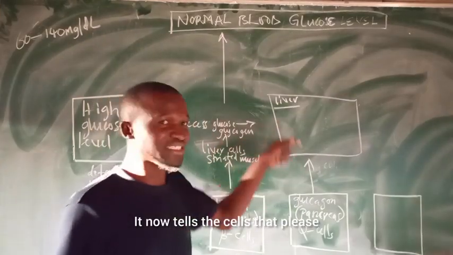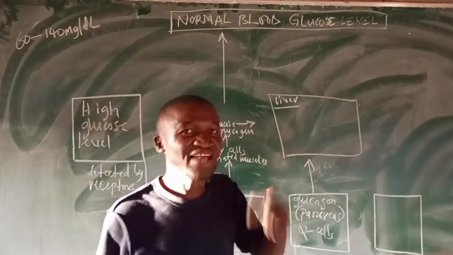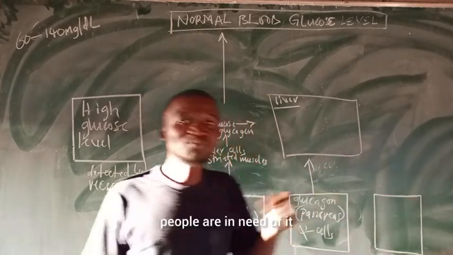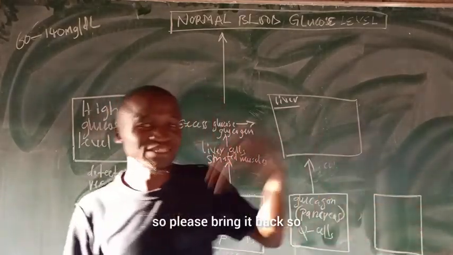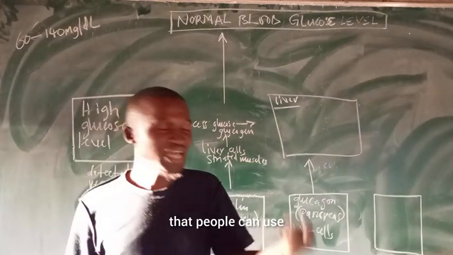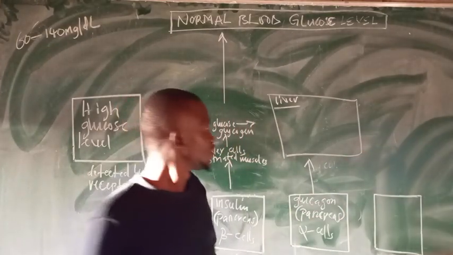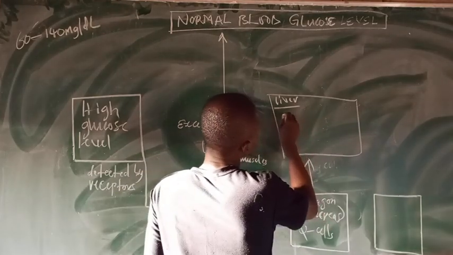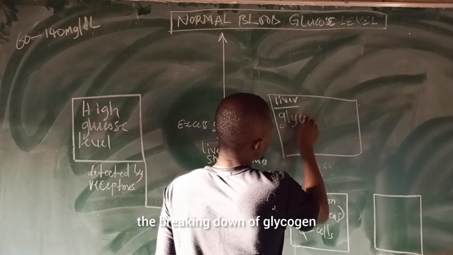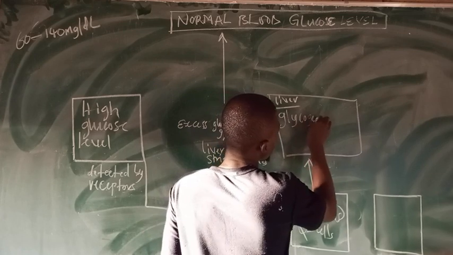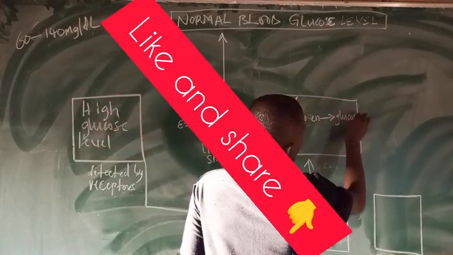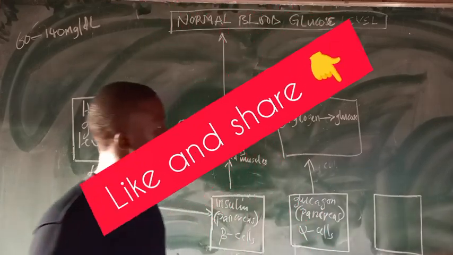It tells the cells, please, that carbohydrate that is in store, people are in need of it. So please bring it back so that people can use it. So this stimulates the breaking down of glycogen to glucose.